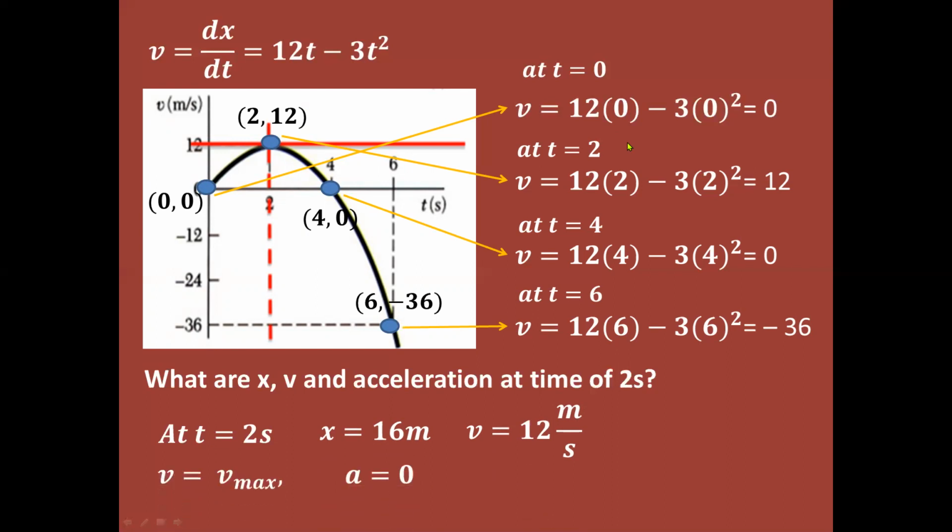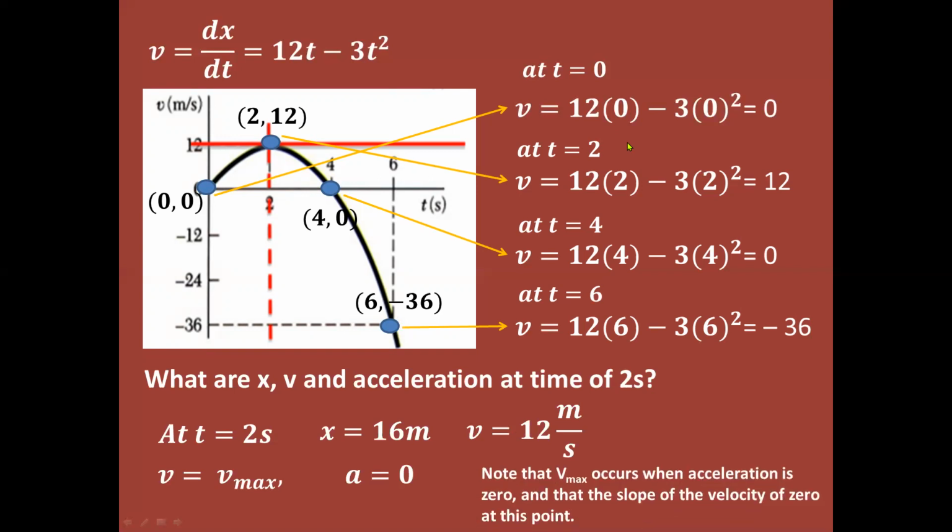Meaning, velocity 12 meters per second is our maximum velocity. Apparently, the acceleration here is equal to 0. Note that maximum velocity occurs when acceleration is 0 and the slope of the velocity is 0 at this point. For our next slide, for the continuation of our computation.